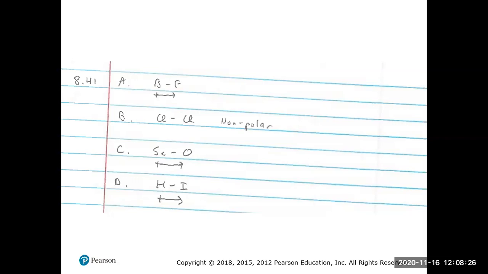We see the same thing with the selenium and the oxygen, the hydrogen and the iodine, where we use that electronegativity table to pick out which element is more electronegative. Remembering in the upper right-hand corner, those are the more electronegative elements. And then we draw it so the arrow goes towards that element, and then the little plus sign is on the one that's less electronegative.